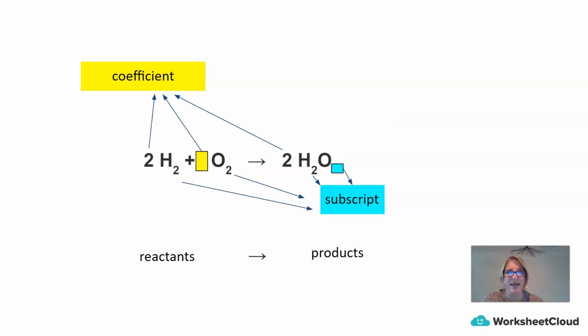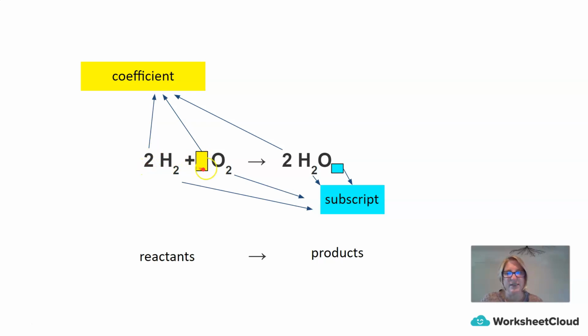So when balancing chemical equations, please remember that you are not allowed to change or alter the subscripts. You're not allowed to change the number of atoms that we find within the elements or within the compounds of the reactants and products. The only thing that you are allowed to change is the coefficients, or the number of molecules.